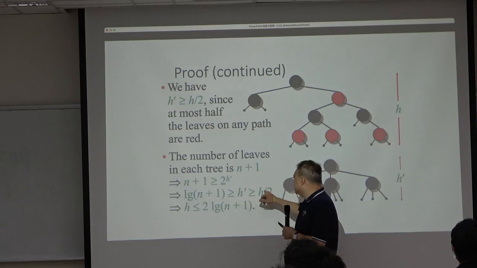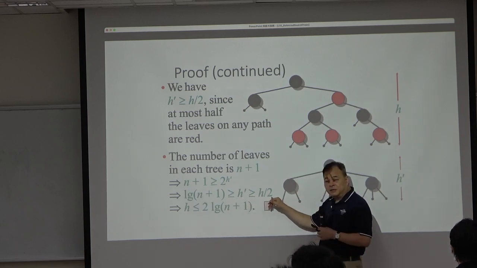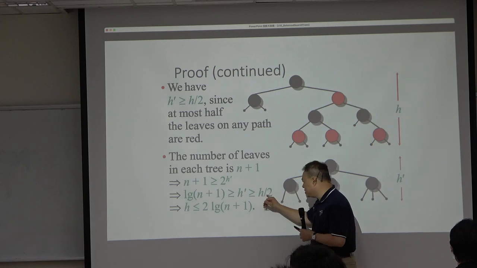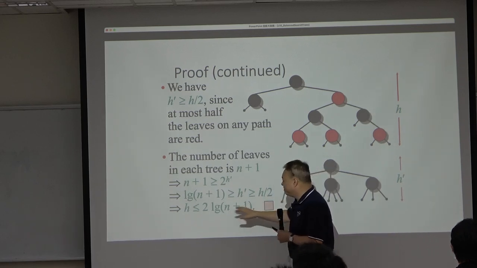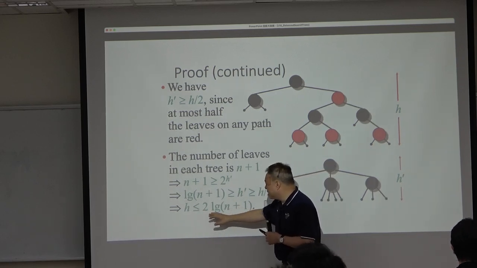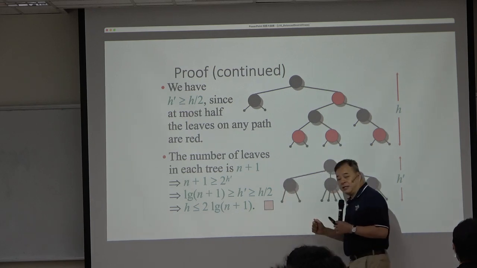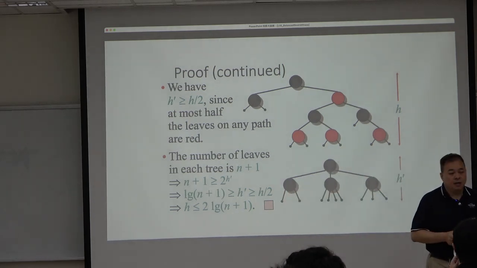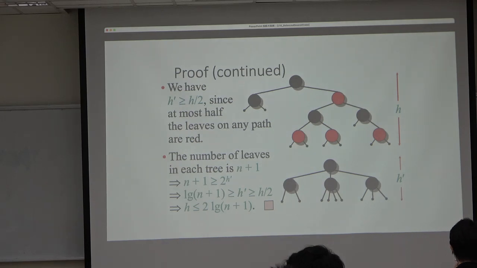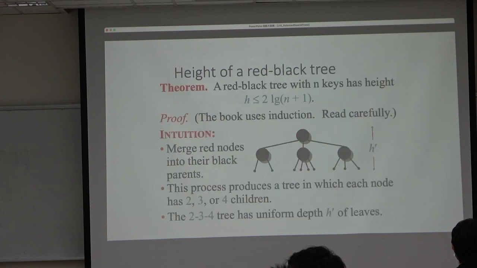Since h prime is greater than or equal to h divided by 2, we have h less than or equal to 2 times log of n plus 1. So a red-black tree with n keys has this height.